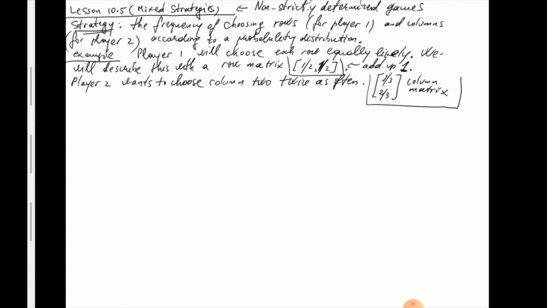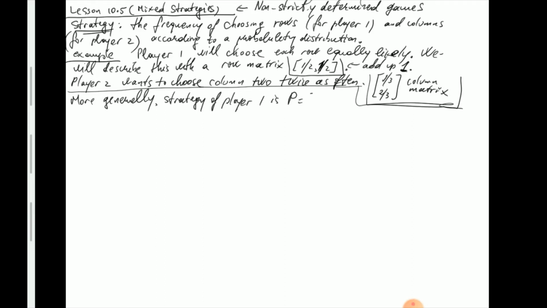And the question is, if they employ this strategy, what is the payoff? So let's look at an example. And to make it a little bit more general, we'll go back to these strategies, 1/2, 1/2, 1/3, 2/3. Let's say more generally that the strategy of player 1 is big P equals P1, P2, little p1 and little p2.